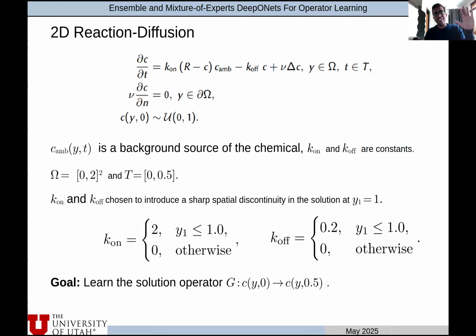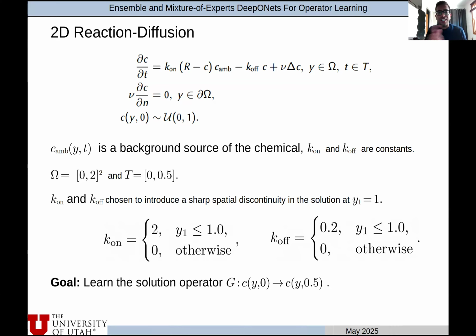So what happens is, as the material starts reacting and diffusing all throughout the domain, we strictly cut off any reaction terms that are happening at a vertical line, as I'll show in the next slide. The goal then is to learn a solution operator from the initial condition, that is samples from, I think, a uniform distribution, to the final solution at time 0.5, some final time.